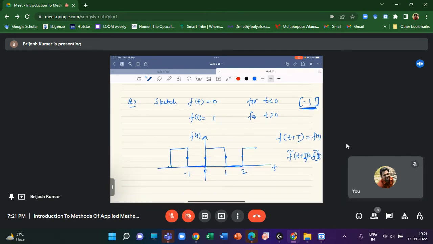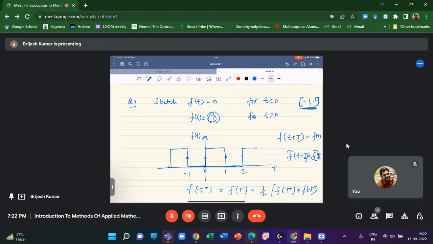And at the extreme point at minus 1, this value will be half: f of t plus and t minus is equal to 1 by 2 of the value of f of t minus plus f of minus t plus. So our t is 1. So f of 1 plus, 1 minus will be value 1.